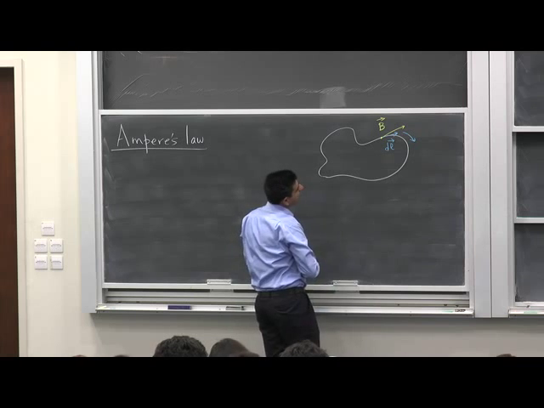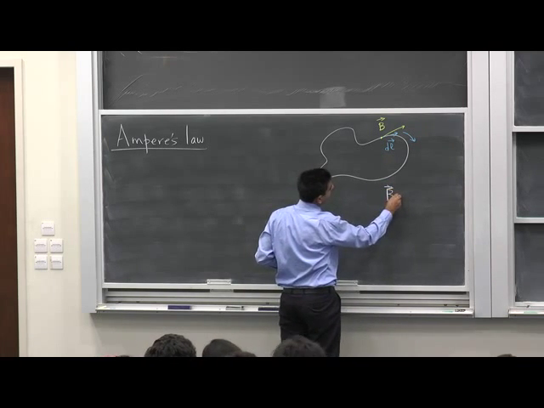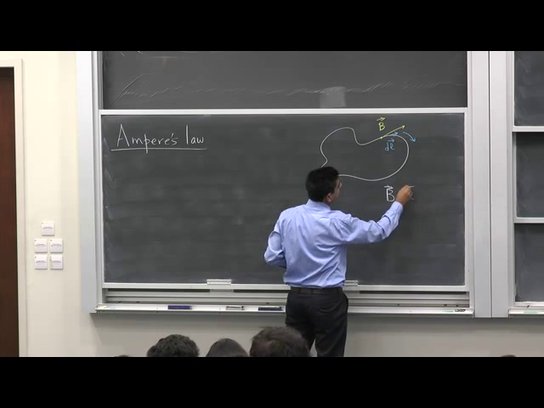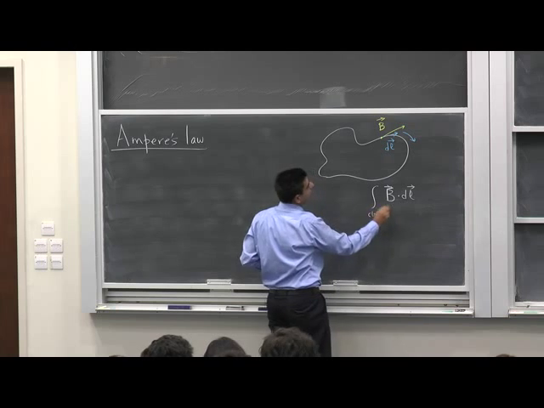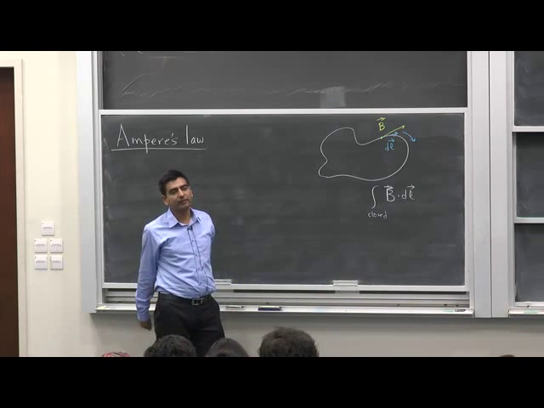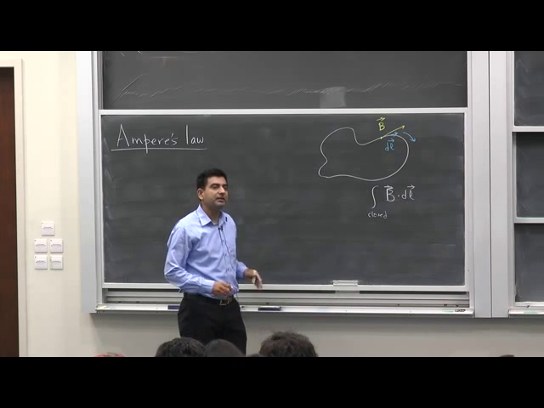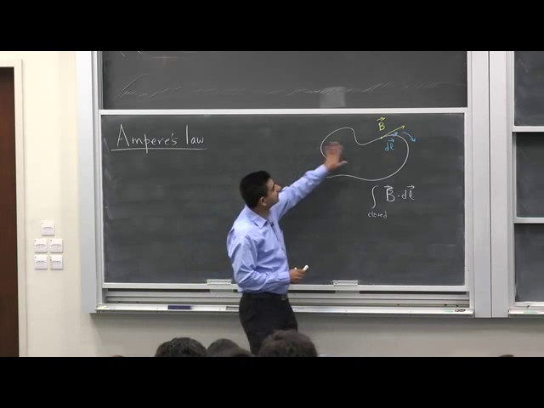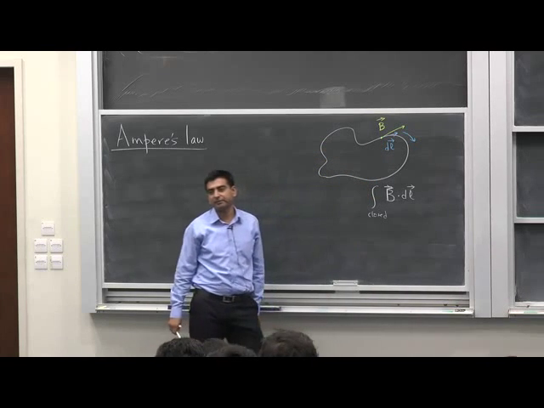What I could then do is take the dot product of the local magnetic field with the path dl and integrate over the closed path. So this is a line integral that I can always form, and this line integral must equal the current that pierces the surface on whose outer perimeter lies this path.